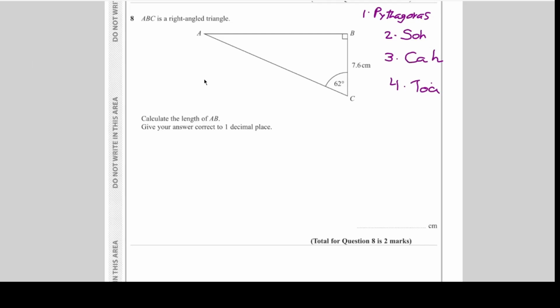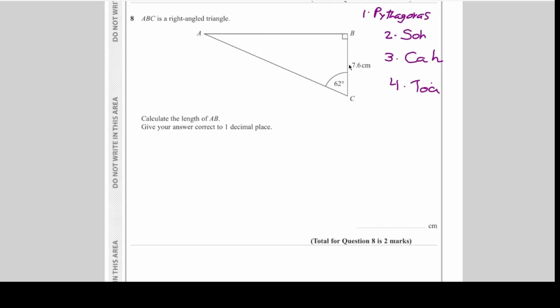Right, now let's move on to the question. In this case, we need to get AB. Now, first thing, before moving on to the question, you have to do the labeling first. No matter whether it is Pythagoras or trigonometry, you should do this first.